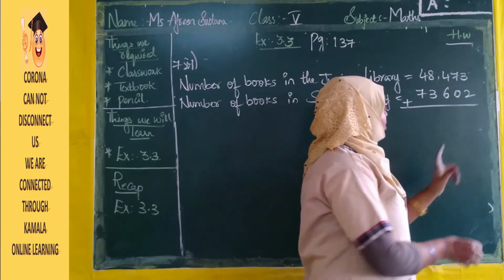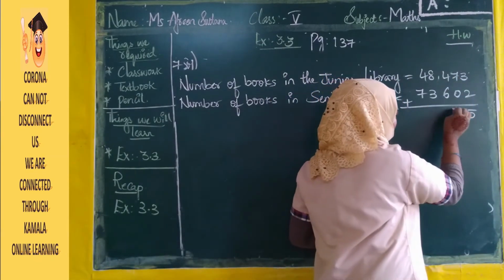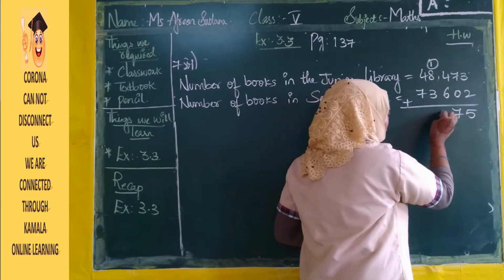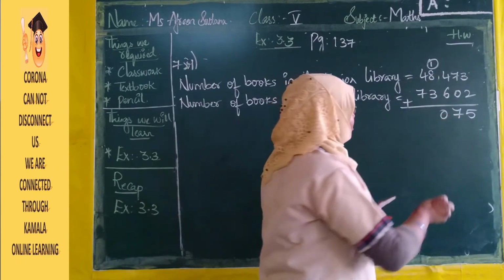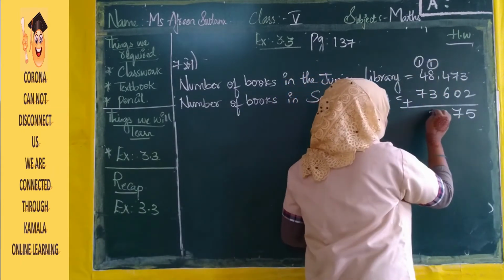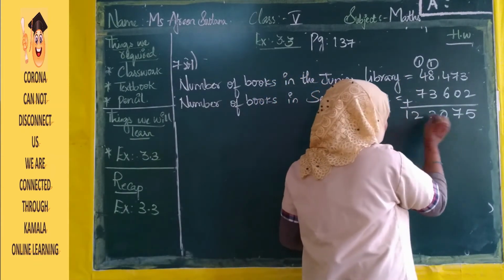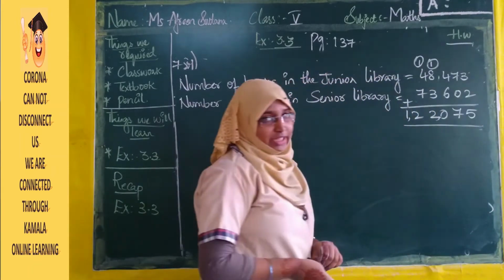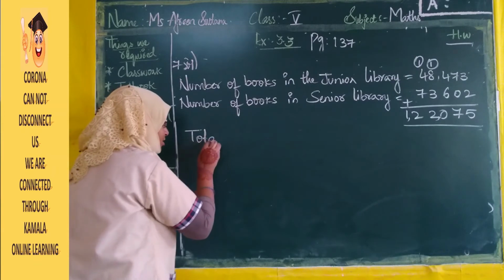So 3 plus 2 is 5, 7 plus 0 is 7, 6 plus 4 is 10. So 1 will be carried, 0 we write down. 8 plus 1 is 9, 9 plus 3 is 12, so 2 and carry 1. 7 plus 4 is 11, 11 plus 1 is 12. Now if you place commas, 1,22,075 books are there.